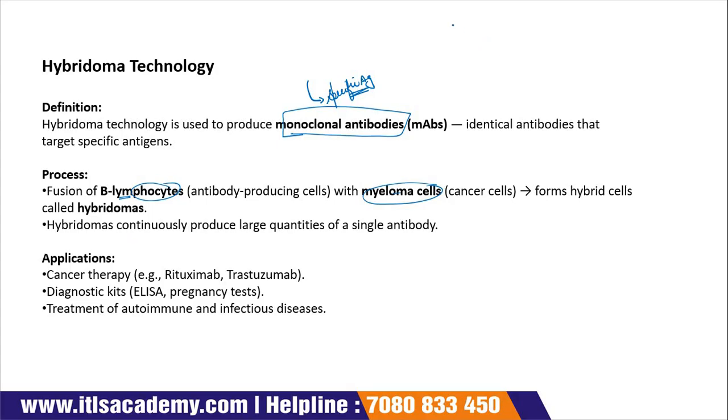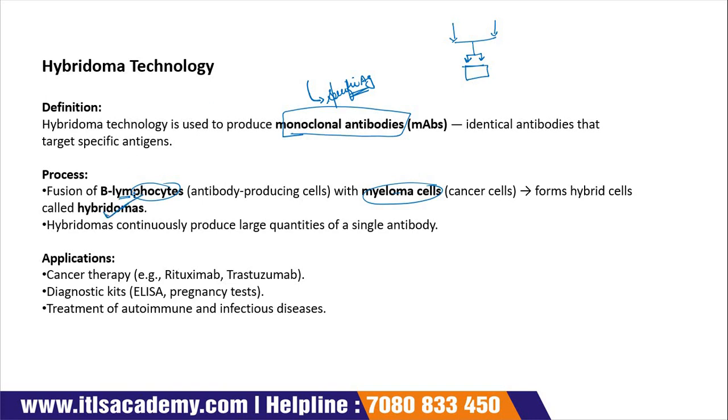Okay. First, we isolate the B lymphocytes and myeloma cells. Then we fuse the B lymphocytes and myeloma cells. Now these are the hybrid cells, and this is known as hybridomas.